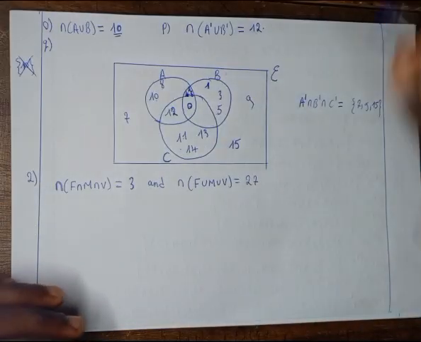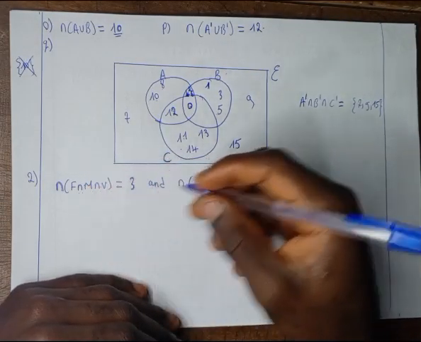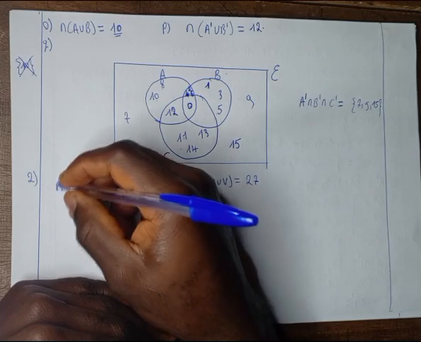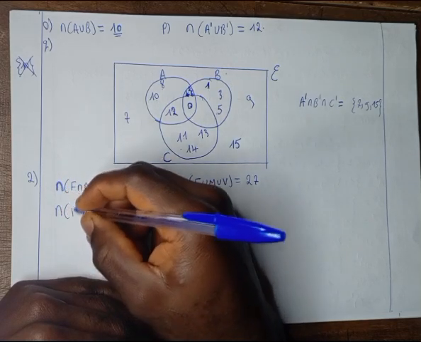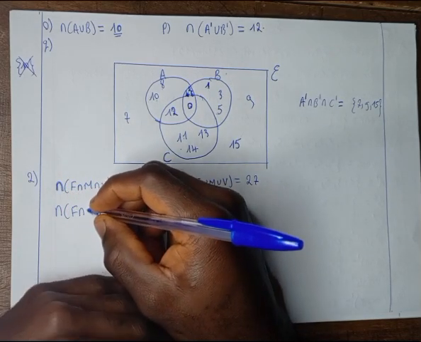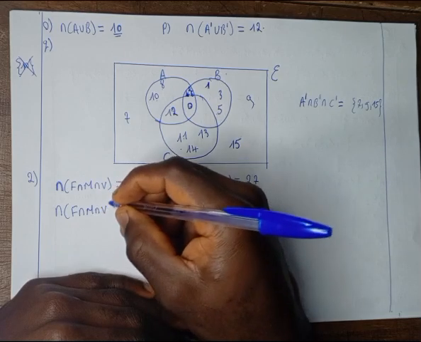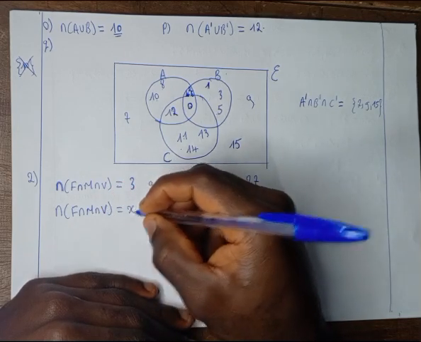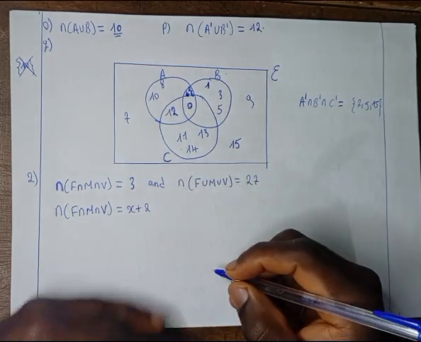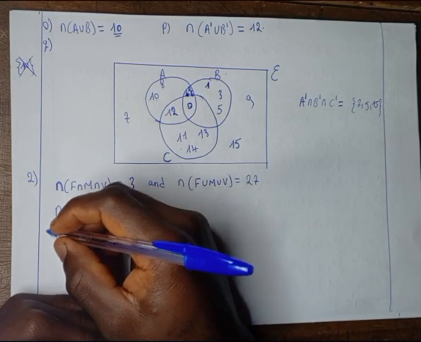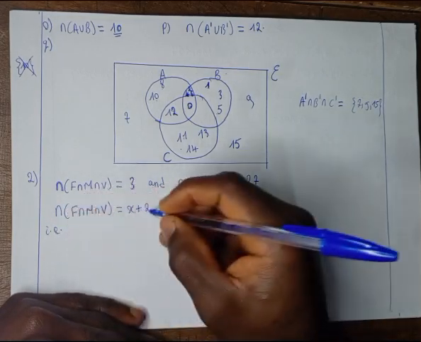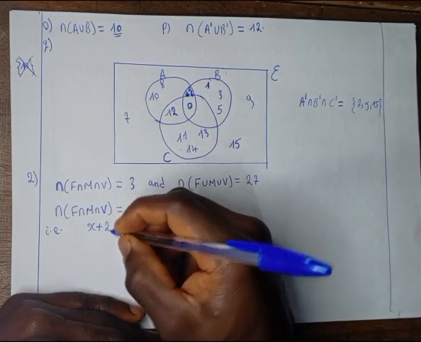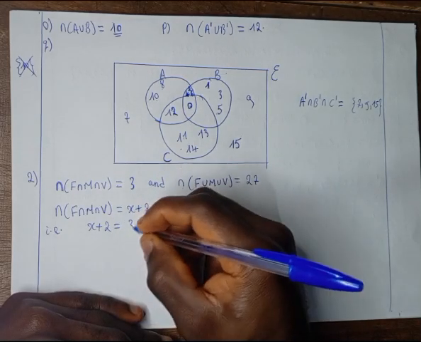From here, we can easily find the value of x. The cardinality of F and M and V is equal to x plus 2. That simply means x plus 2 is equal to 3.